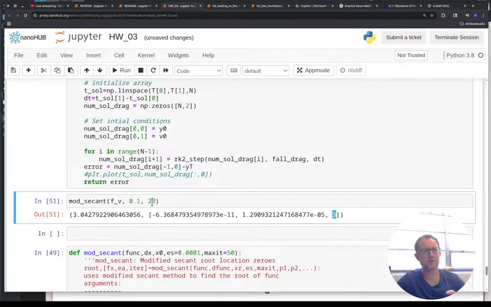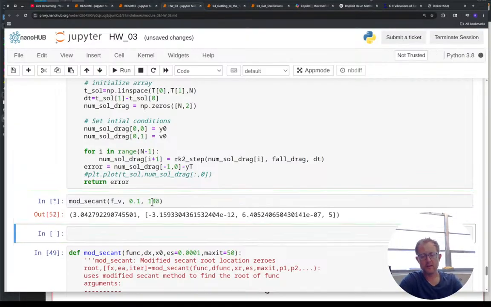Some people were talking about how Newton-Raphson maybe doesn't converge if it's too far away from an answer. But whether it's 100 or even 1,000, all right, at 1,000 we start to get the wrong answer. And there's probably something else happening there.